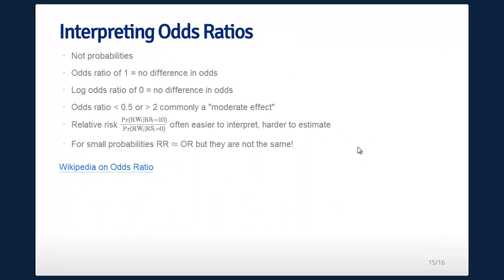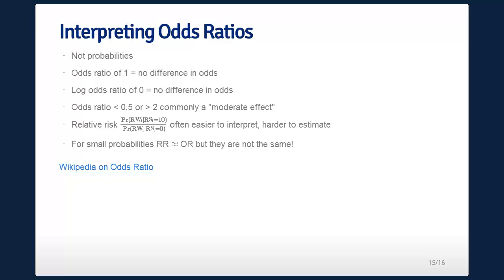Okay, so let's just finish by talking a little bit about interpreting odds ratios. So odds ratios are not probabilities, which I think is clear, and odds are of course not probability, but they're a meaningful scale.